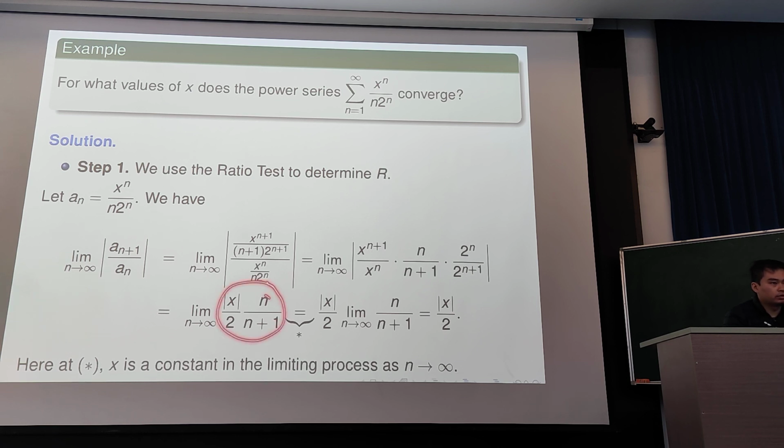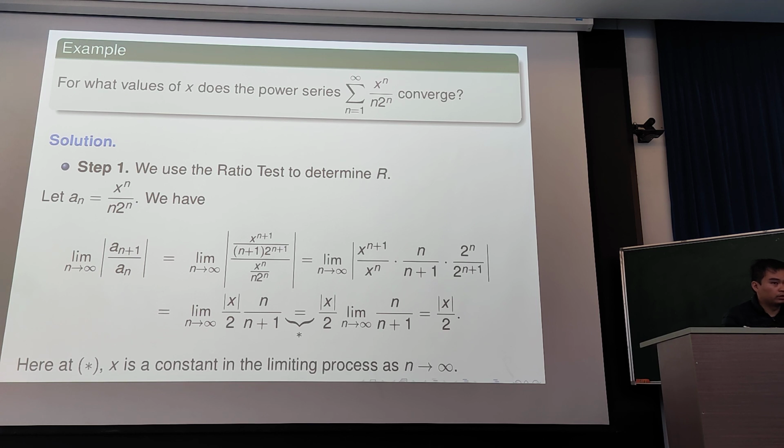Right? And now you see we consider x as a constant number, so we can put it outside the limit notation. That is the reason we have this expression. Okay? And this limit is easy to calculate, right?